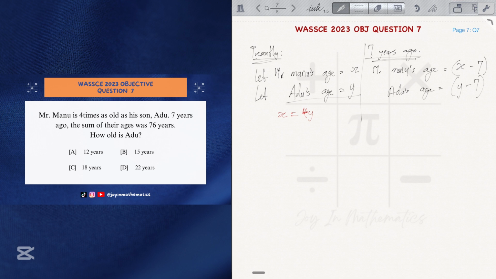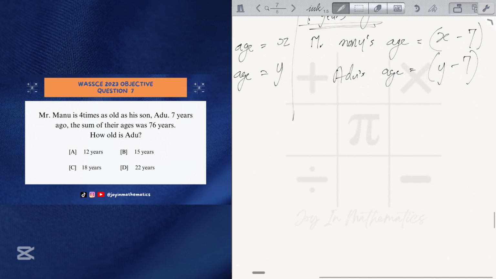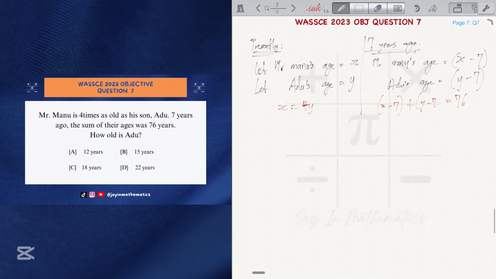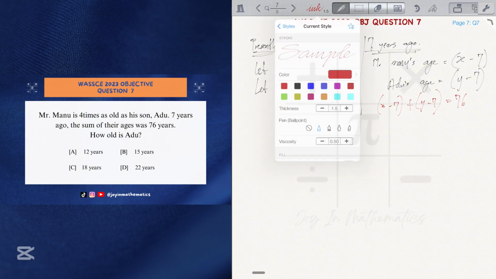Now, how old is Adu, given that the sum of their ages 7 years ago is 76? So we are saying that x minus 7 plus y minus 7 is equal to 76. Remember, Adu's age is y, and we are looking for y. So let's simplify the two equations.